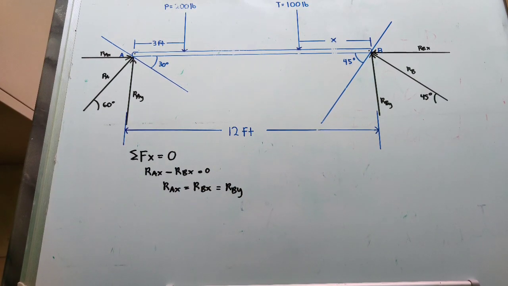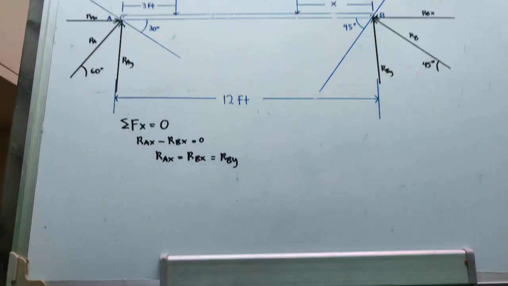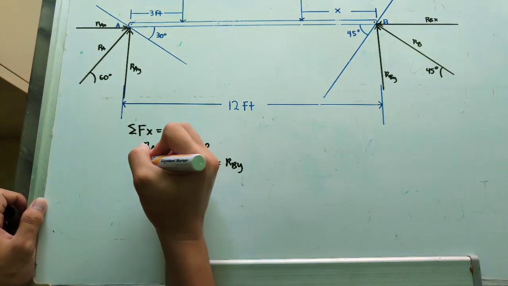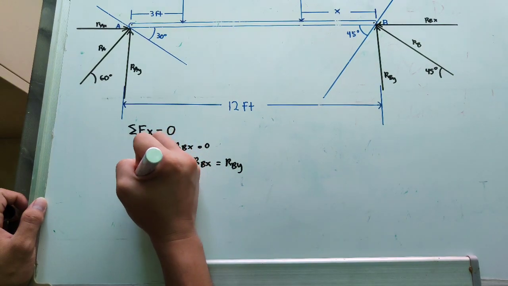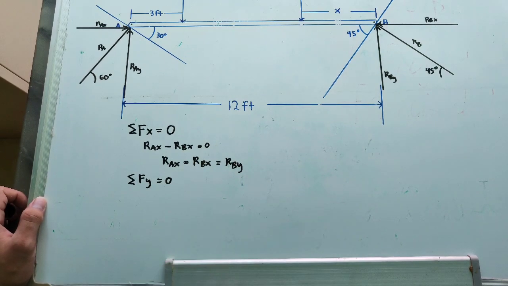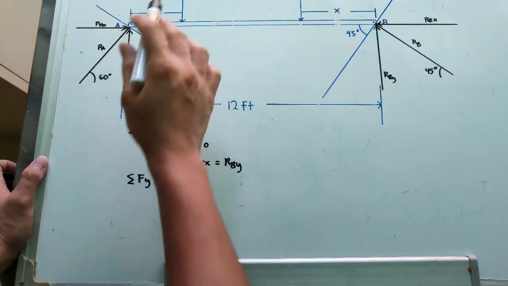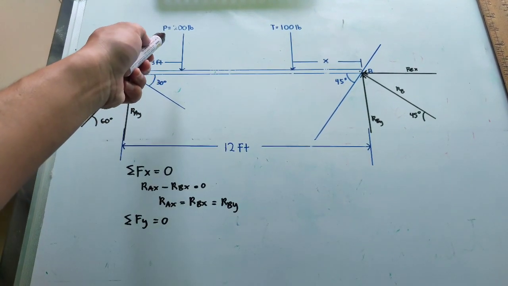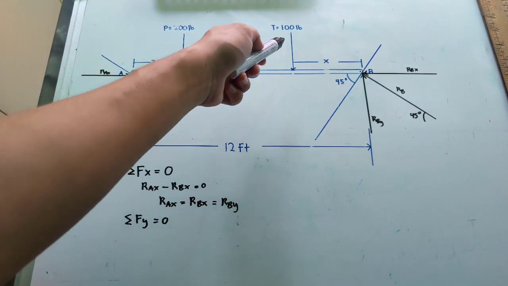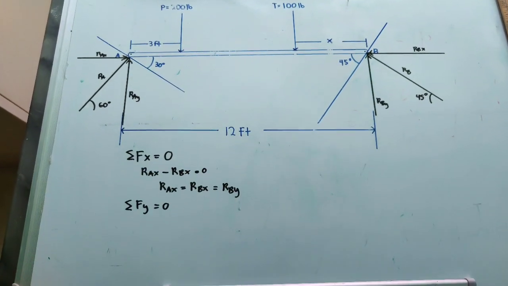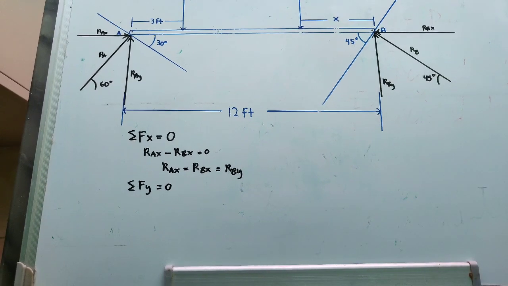So next, we need to get the summation of forces y. The y components are P 200 pounds, T 100 pounds, RAY, RBY. So that lists them all.